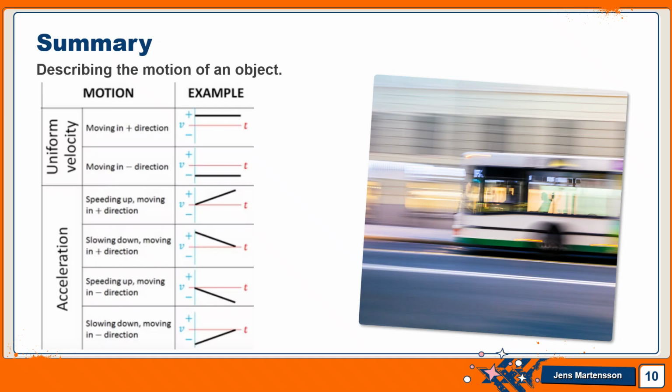If we are seeing a change in velocity, we are not going to be seeing a straight line along that same point. We are going to see an increasing straight line, moving in the positive direction, speeding up.